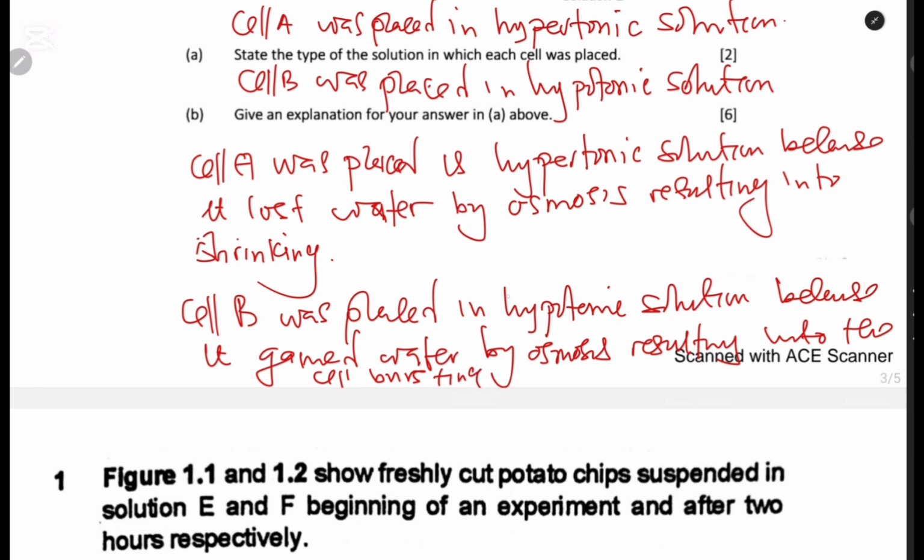And this process is called cell lysis. So the process by which the cell gains water and of course ruptures or bursts is called cell lysis.